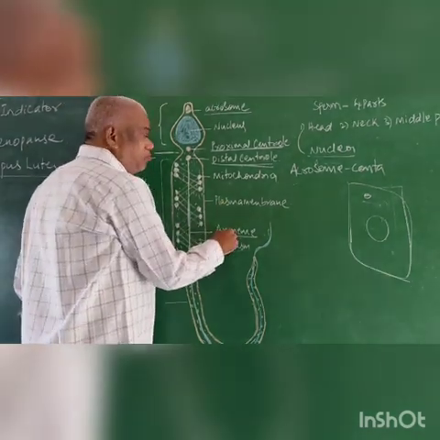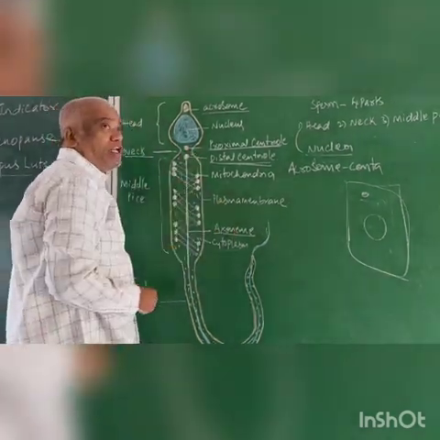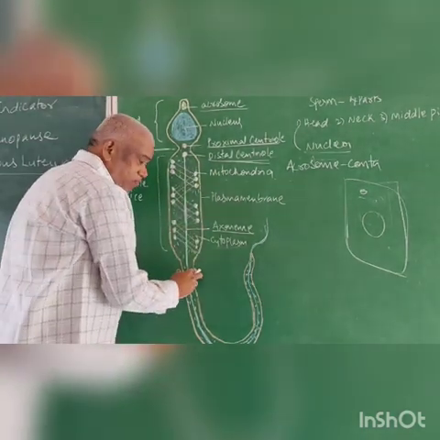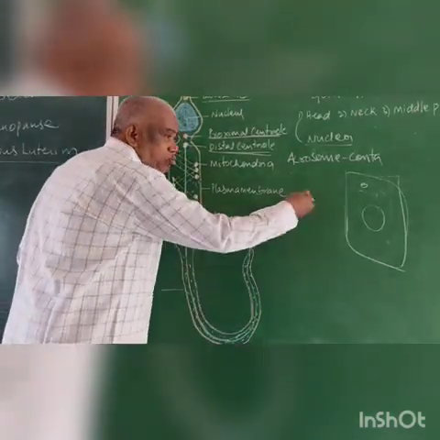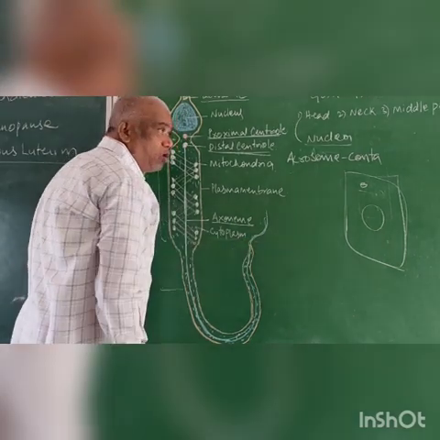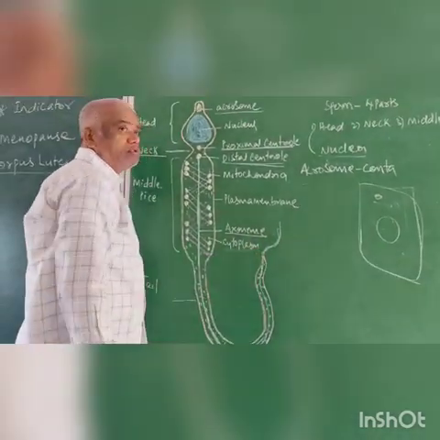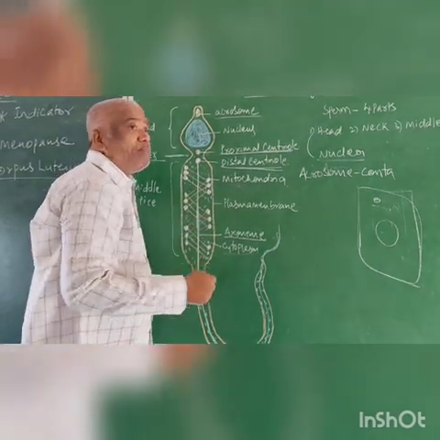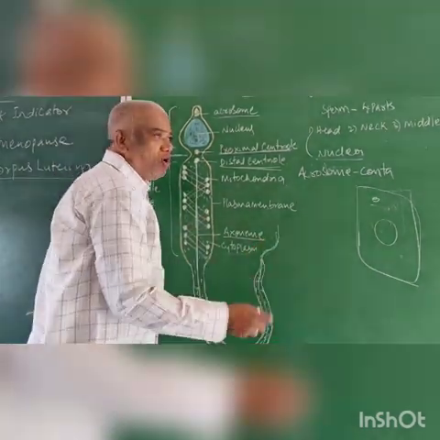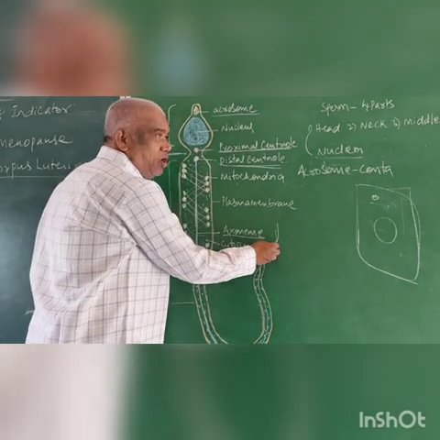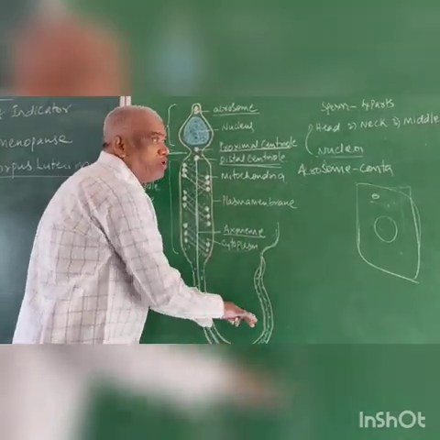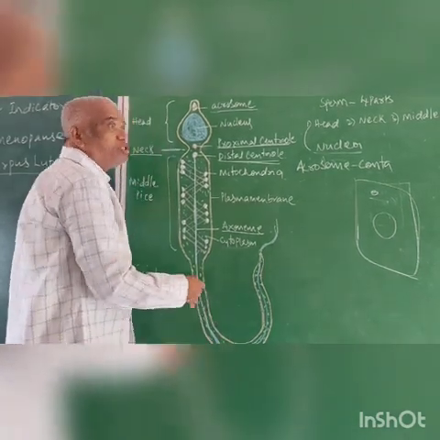It acts as a skeleton to the sperm and helps in vibration. This vibration causes movement of the tail, and the movement of the tail causes locomotion.